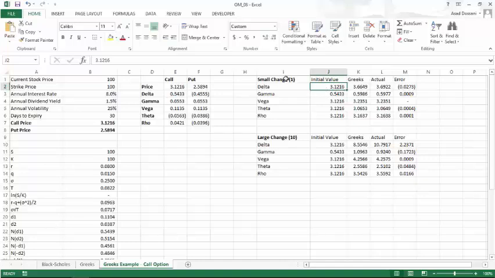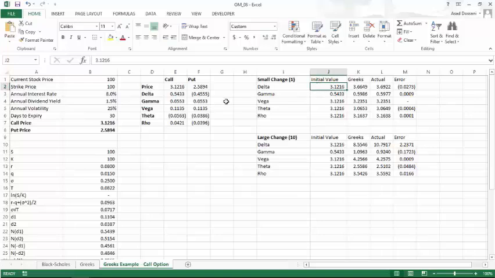So this is a small change, a change of 1. So I'm saying what happens when the stock price goes up by 1, and delta tells you what happens to the price of the call option. So we're doing the call option as an example when the stock price goes up by 1. So this is the initial value of the call option, right? 3.1216, which is right here.